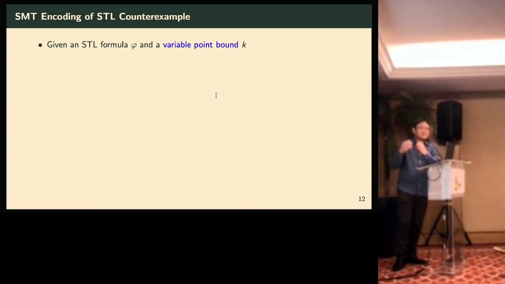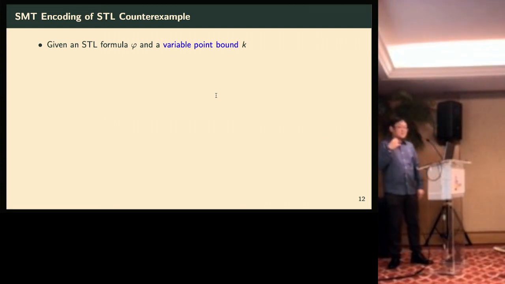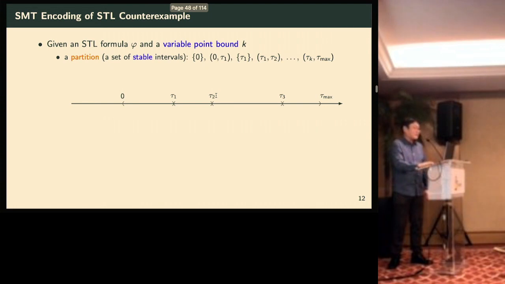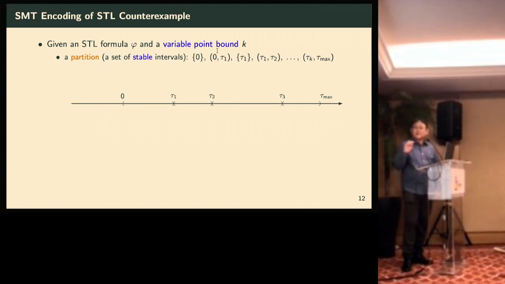As I mentioned, we basically want the truth value of each subformula to be stable. For our encoding, we provide two things. First, we have some SMT variables to denote the times. For example, if there is a bound of k variable points, then we can provide k SMT variables to denote each variable point position.